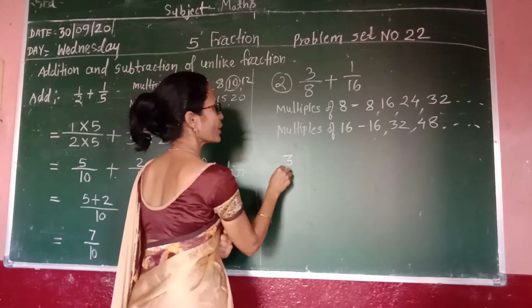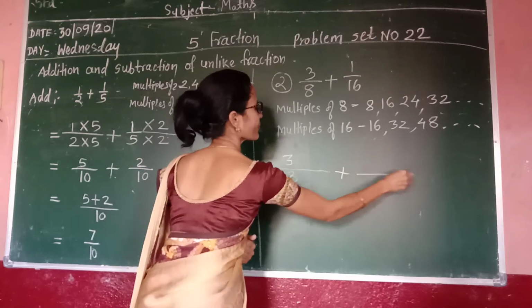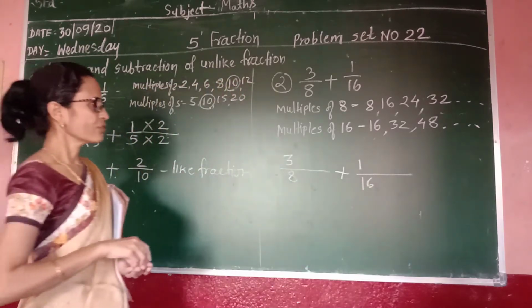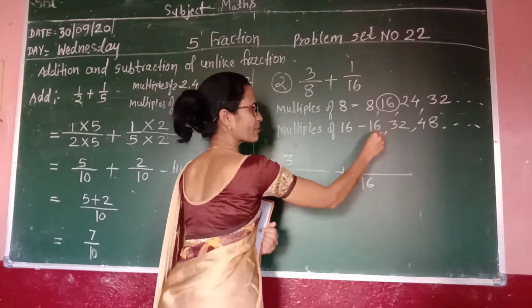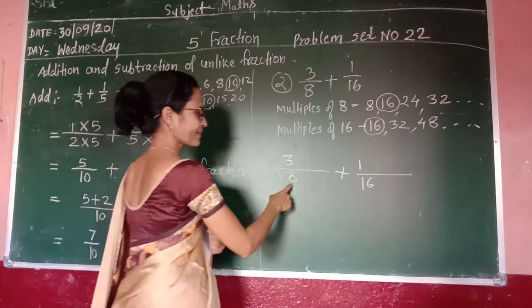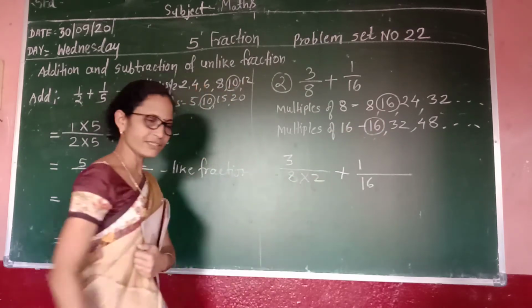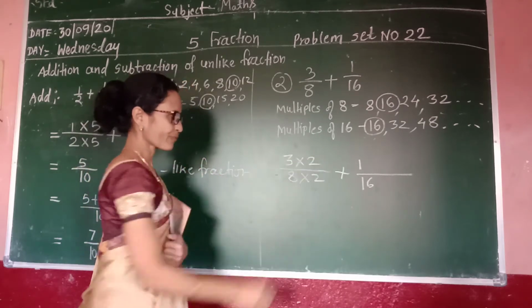Now write down your fractions 3/8 plus 1/16 as it is. Look here, what is the common multiple? 16 is a common multiple in both tables. That means 8 2s are 16, so multiply the numerator also by 2.